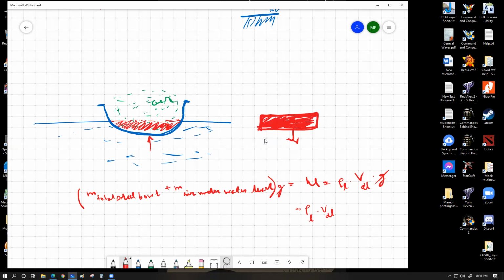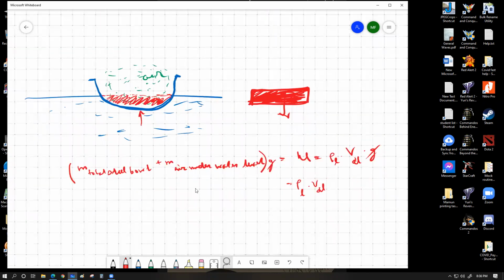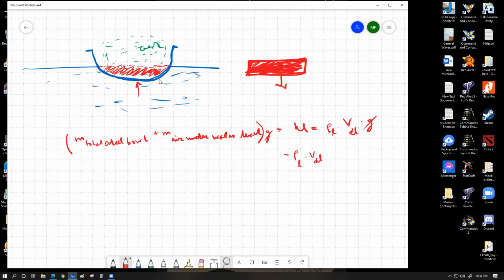Whole thing means the whole steel bowl and the air within.